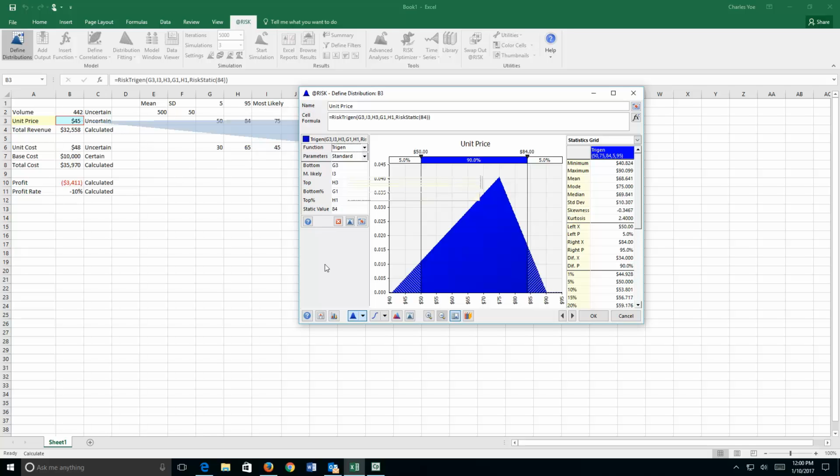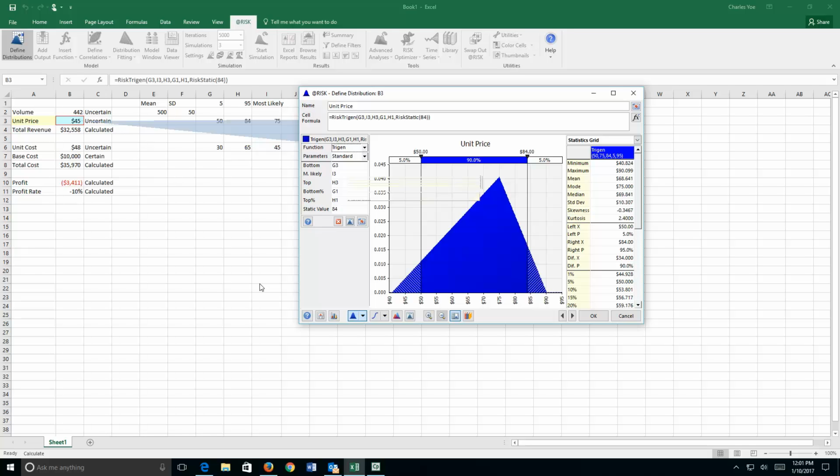The static value, the value that you see when the Monte Carlo process is turned off, is $84. You would use this type of triangular distribution when you don't feel comfortable specifying an absolute maximum, an absolute minimum.